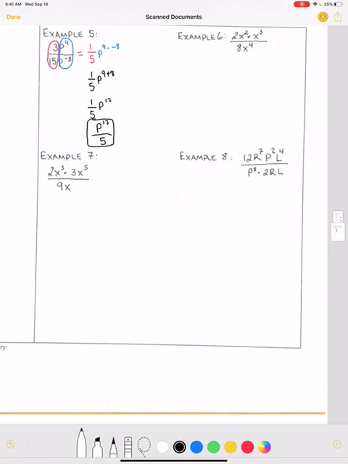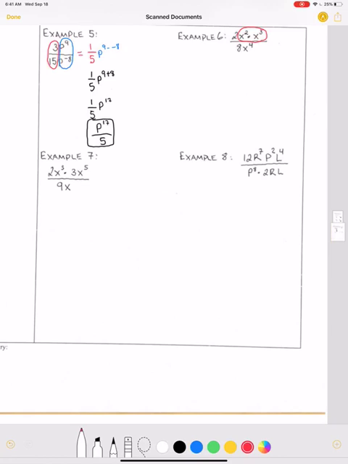Okay, we have example 6. Example 6 is a little different. Up in the numerator, you have 2 times x squared times x cubed over 8x to the power of 4. If you look in the numerator, right here, this is a product rule, which we talked about the other day. The product rule states that when you have like bases, you add your exponents.